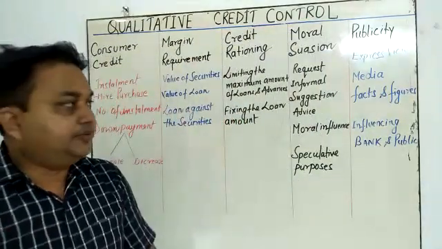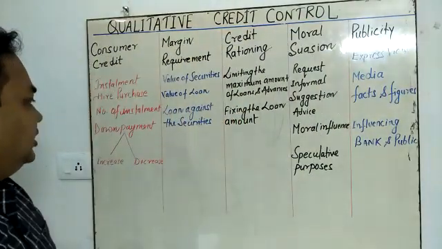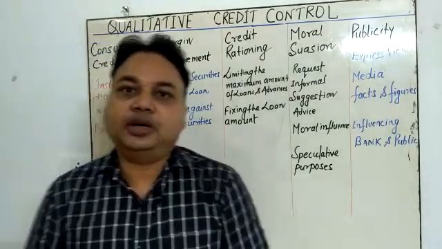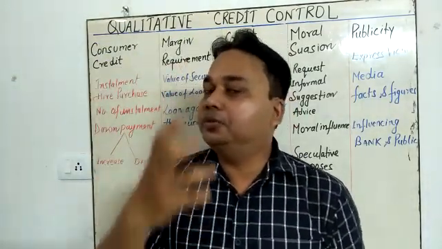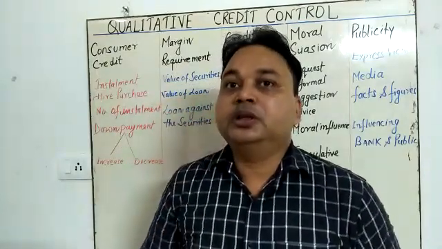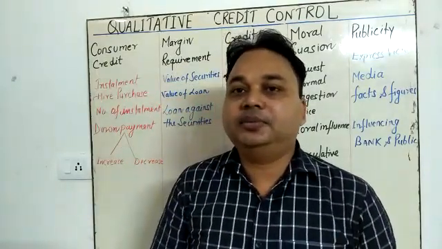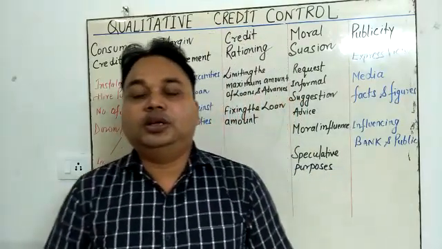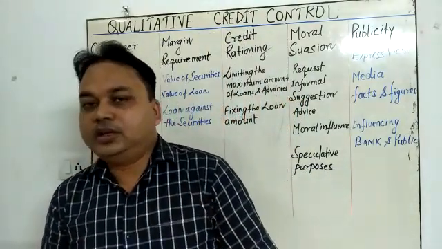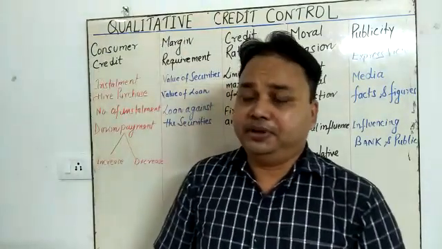My dear student, it is very important to know about the down payment. Sometimes you hear the down payment is very low, and sometimes very high. What is the reason? When RBI or the central bank wants to create credit in an economy, it reduces the down payment.